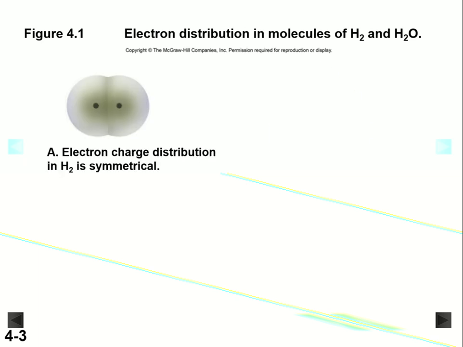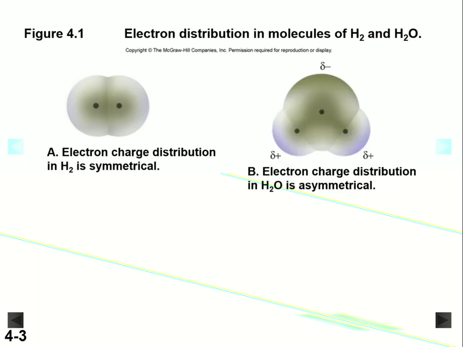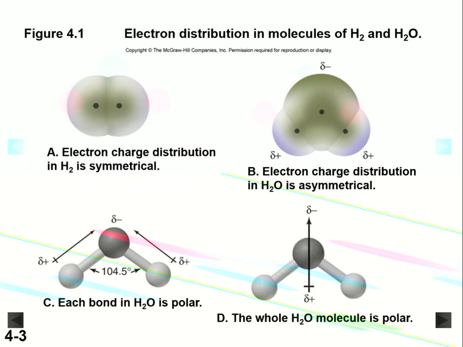As we start off, let's look at one of the properties of water, which turns out to be really important in aqueous chemical reactions. And for this, we're going to compare two molecules, a molecule of H2 in the upper left-hand corner and a molecule of H2O in the upper right-hand corner. A molecule of H2, of course, has two hydrogen atoms, and the electron distribution around the two nuclei is evenly spread.